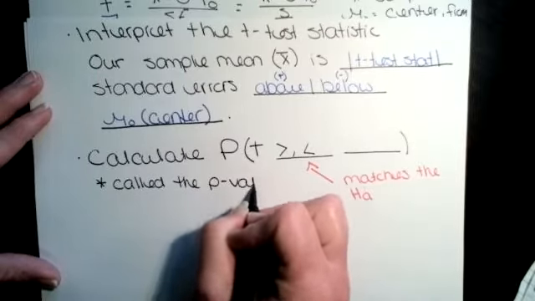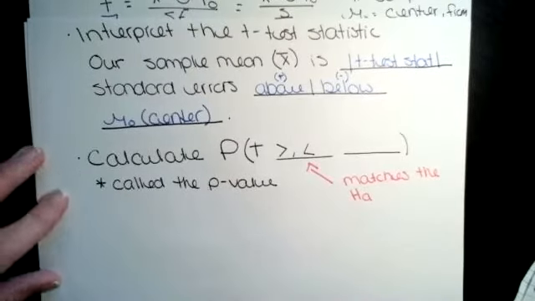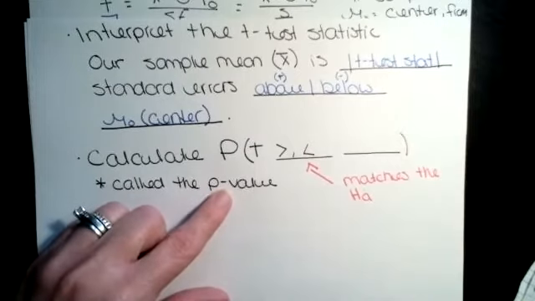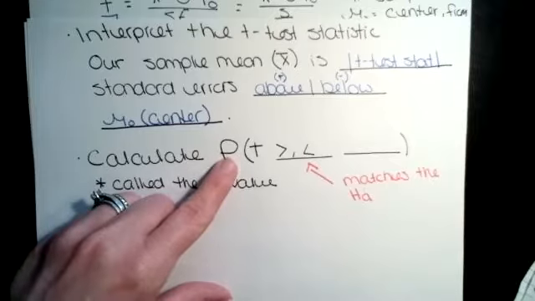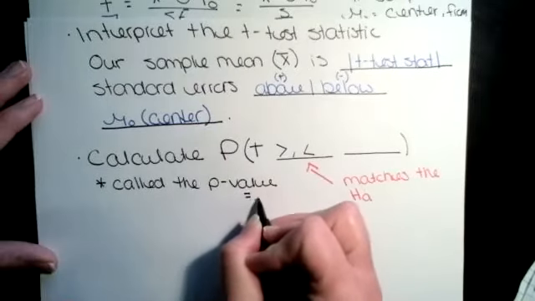Now, when you start looking at your book or your homework, you're going to see it's called the p-value approach, and that's how we're making this hypothesis test work. We're using a p-value. A p-value represents the probability. That's it, okay? So the p-value equals probability.